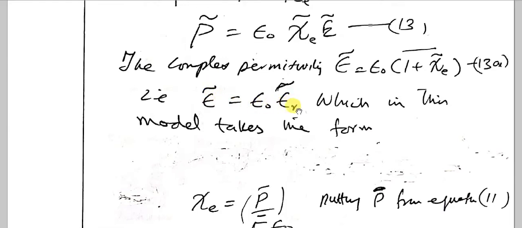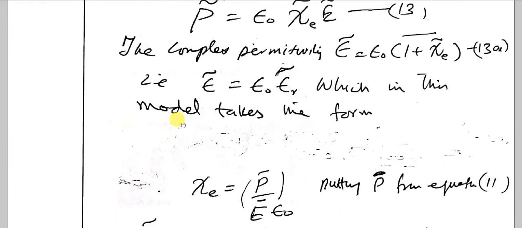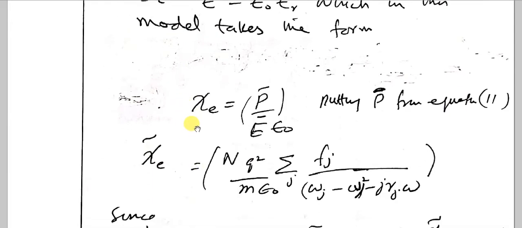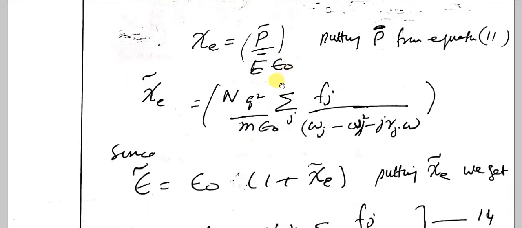So chi E is equal to P divided by epsilon naught E, from the previous equation 11. Putting in the respective polarization value, chi E is equal to N q squared over m epsilon naught, sum over j of f_j over (omega_j squared minus omega squared minus i gamma_j omega).